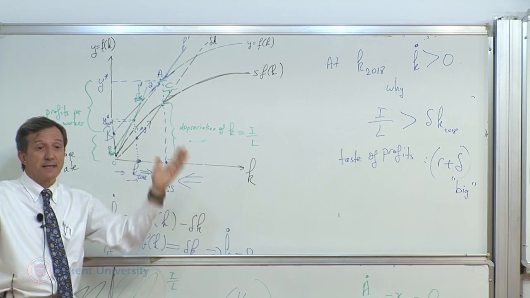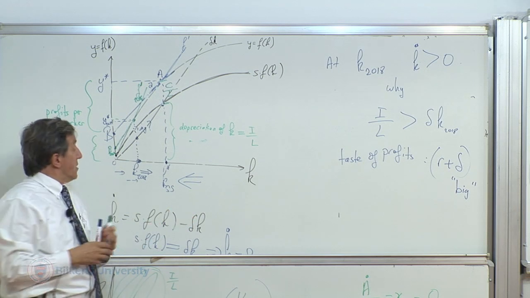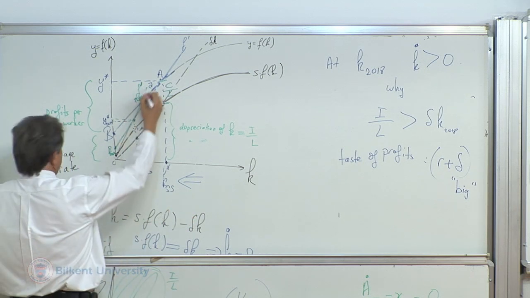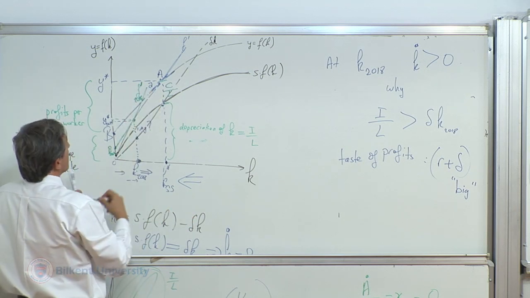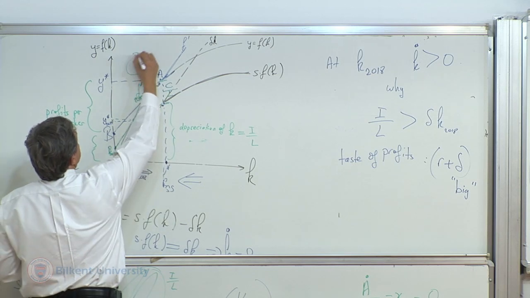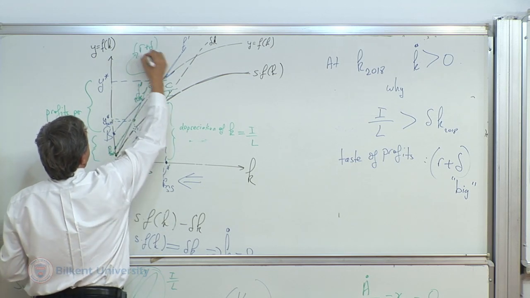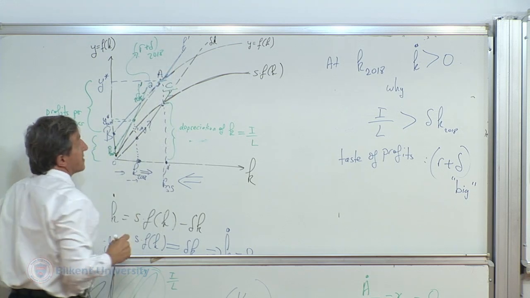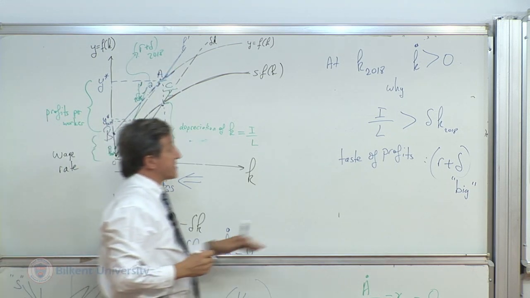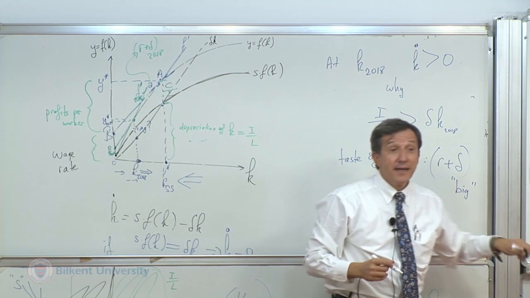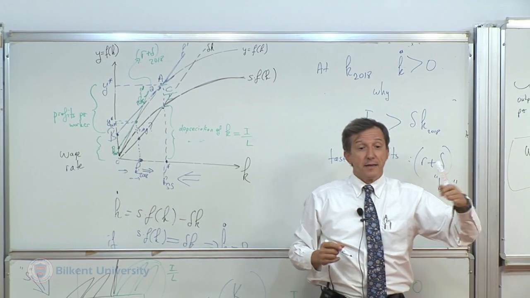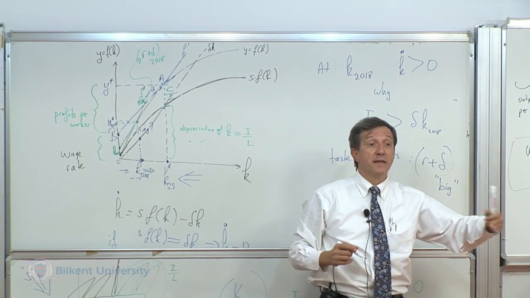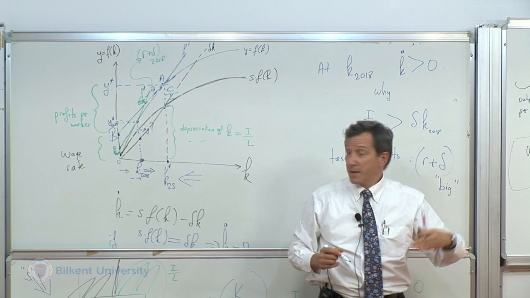This is neoclassical economics. So here, the profit rate that is happening in 2018 is larger than the profit rate that will prevail under steady state.